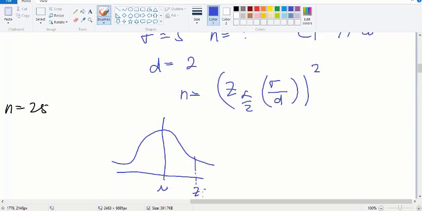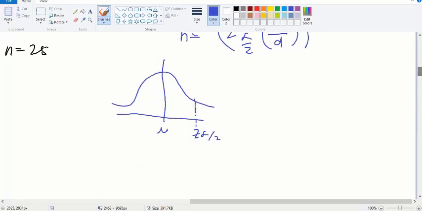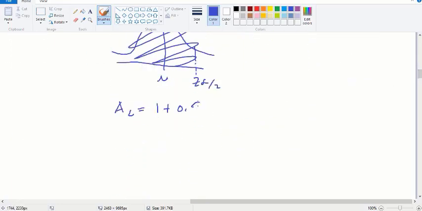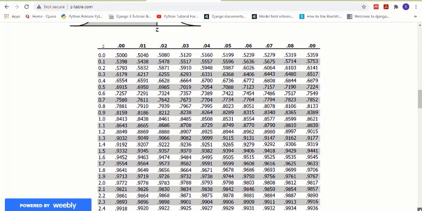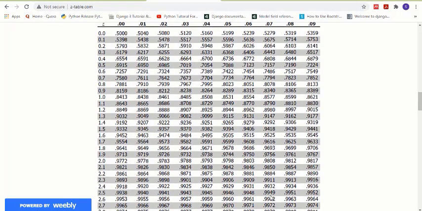Para makuha yan, the area to the left is equals to 1 plus the confidence level, 0.99, over 2. So, 1 plus 0.99 divided by 2, 0.995.